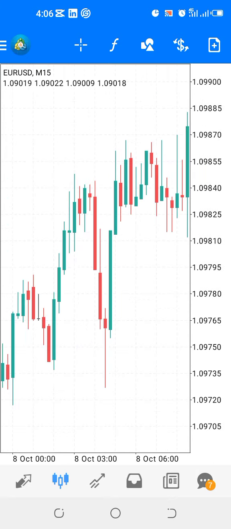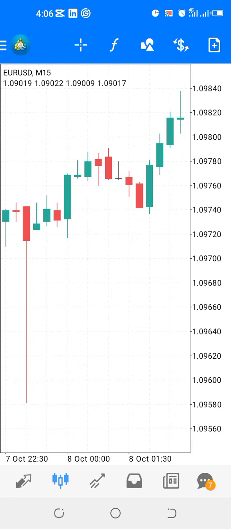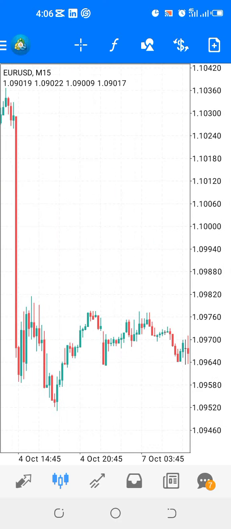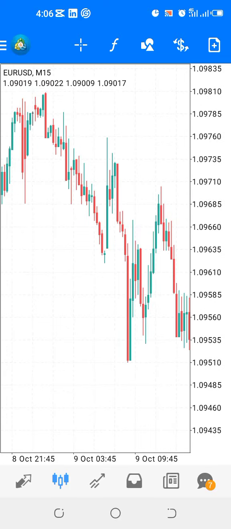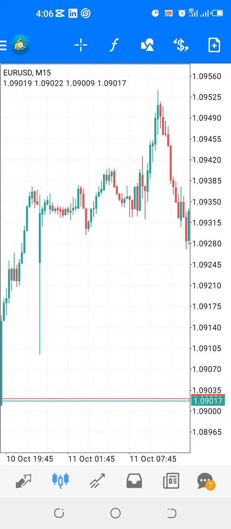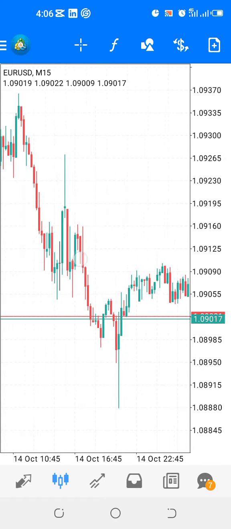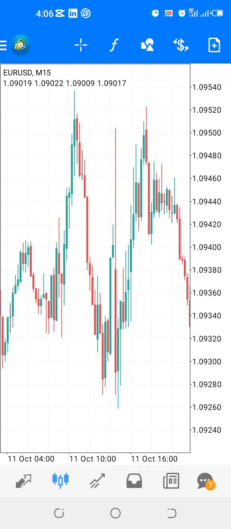When looking at the charts, it appears uncoordinated, scattered, incoherent. But if you look carefully, you discover that there are patterns that can be read. And this is what we are going to study today. Important chart patterns.